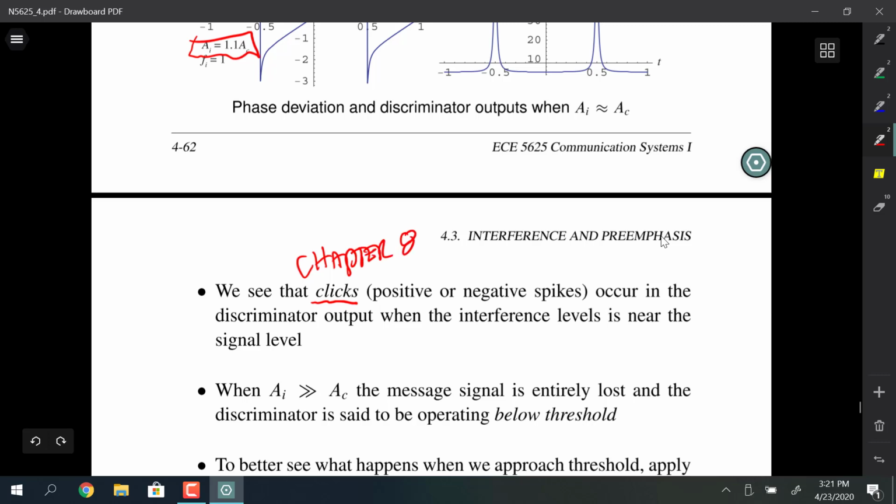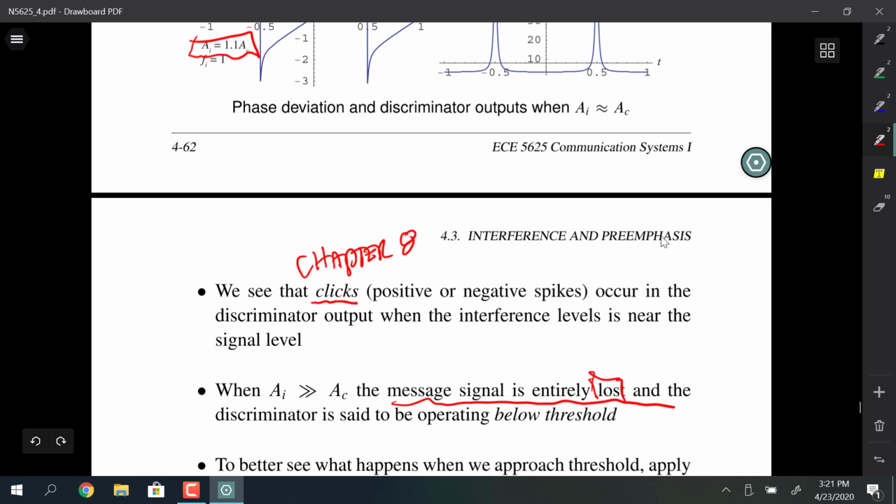There's a discussion about this, and these positive or negative spikes that are occurring in the discriminator output are called clicks, and that is what happens when the interference levels become close to the signal level. So the demodulated signal gets destroyed, or the nicer sounding term is lost.